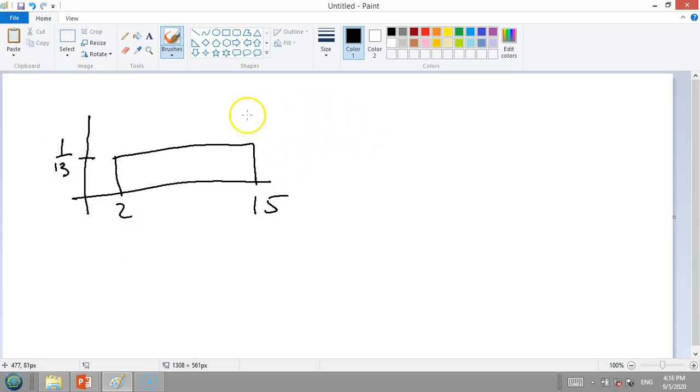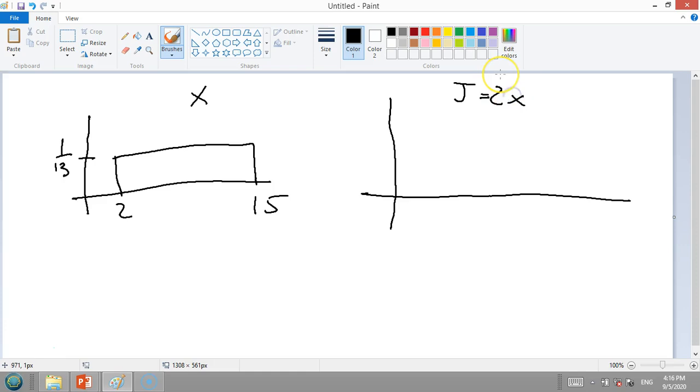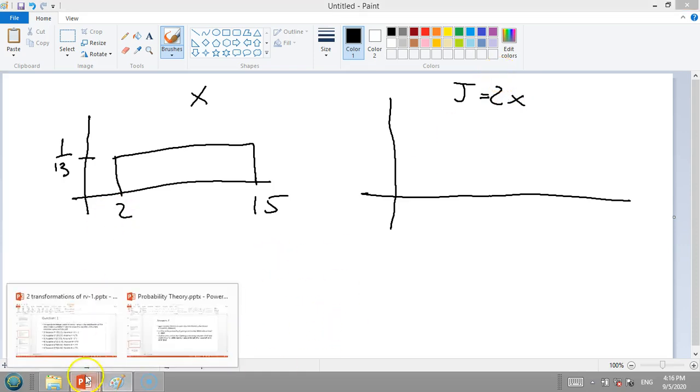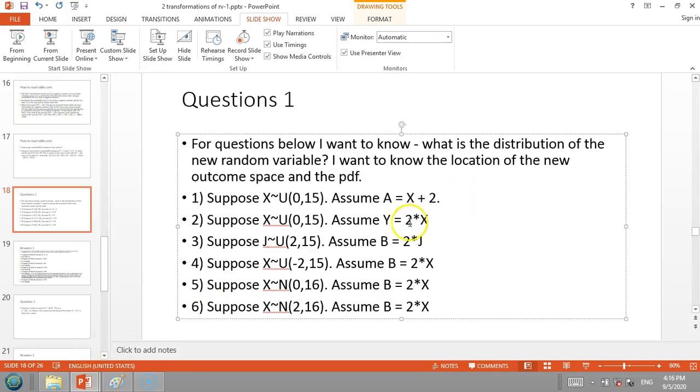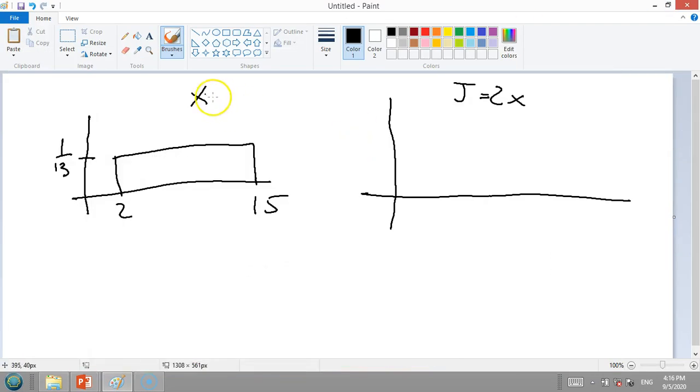This is x. And what does this mean? J is 2 times x, right? Just want to remember here. Wait, B is 2 times J. So it doesn't matter.